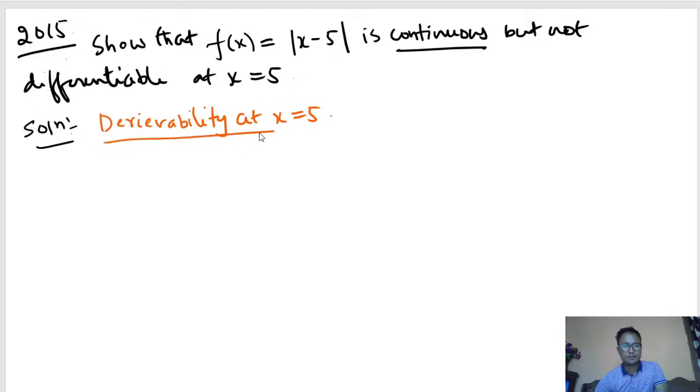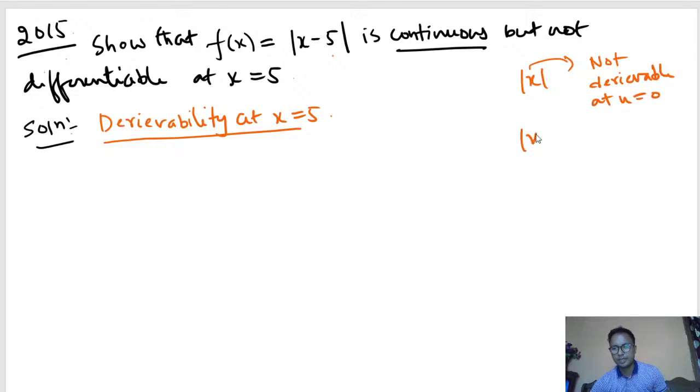At x equal to 5, check whether it is derivable or not. The modulus function, modulus of x, is not derivable at x equal to 0. Similarly, modulus of x minus 5 is not derivable at x equal to 5.